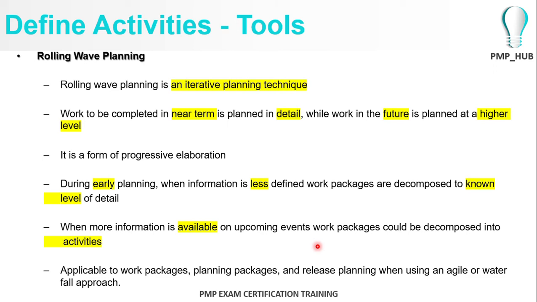During early planning, when information is less, work packages are decomposed only to a known level of detail, and when more information is available due to upcoming events, work packages can be decomposed into activities.